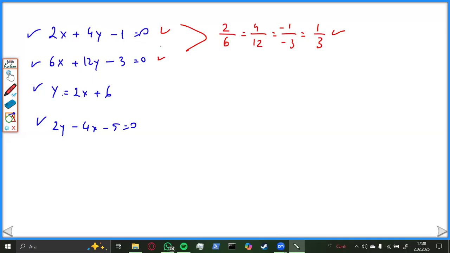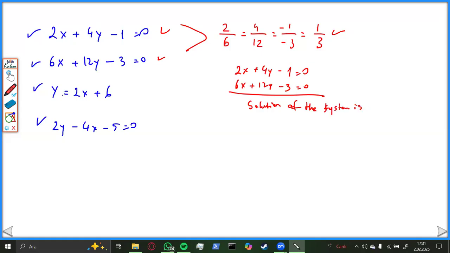They show the same line, and for that kind of equation system, if you see that equation system together, what I mean, 2x plus 4y minus 1 is 0, and 6x plus 12y minus 3 is 0, the solution of the system is infinite.